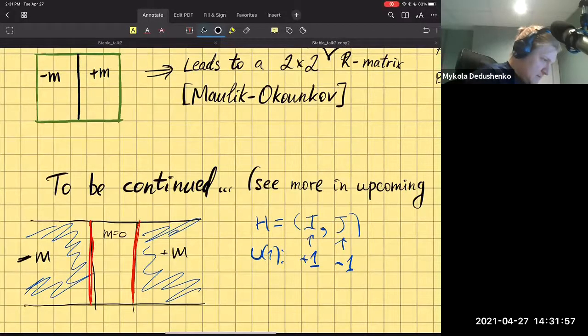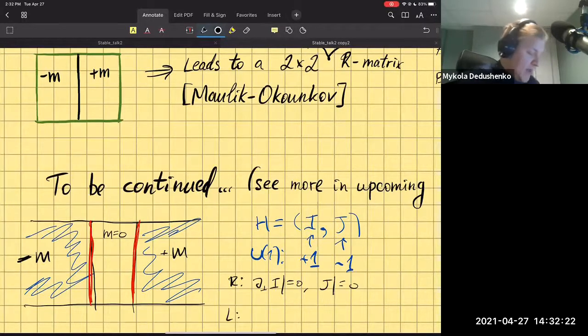Sorry. On the right boundary, we have Neumann for I and Dirichlet for J. On the left boundary, if we had +m on the left, we would have the opposite boundary conditions, but we have -m.